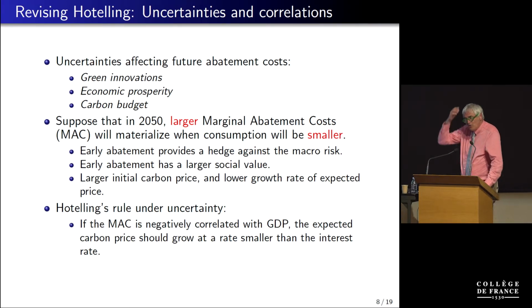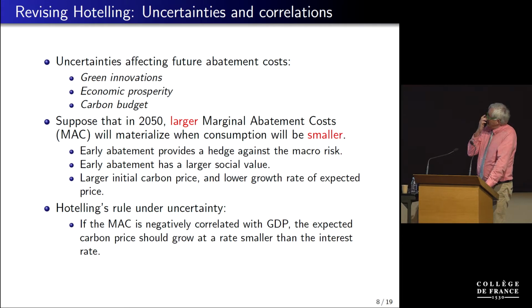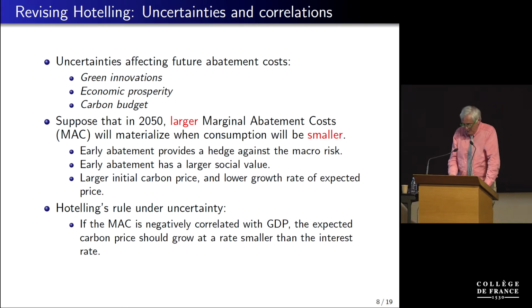Okay, so how should I adapt the Hotelling rule, that is to determine the growth rate of the carbon price, taking into account of this uncertainty? Well, suppose that there is a positive correlation between the marginal abatement cost and aggregate consumption.